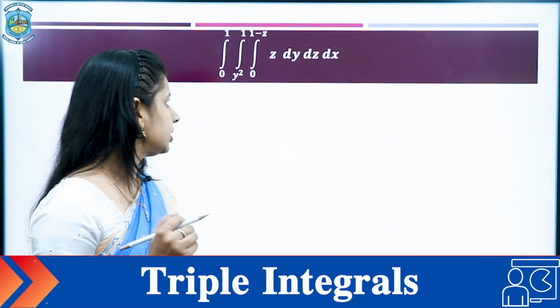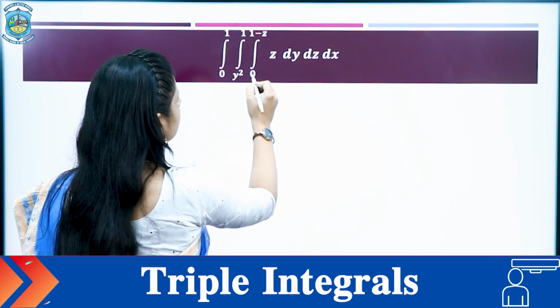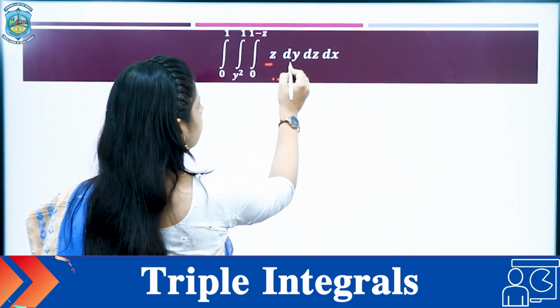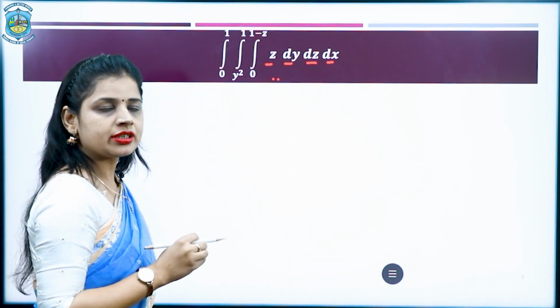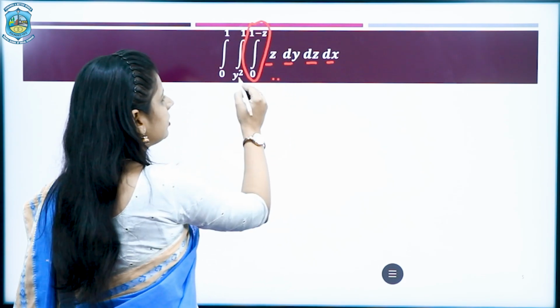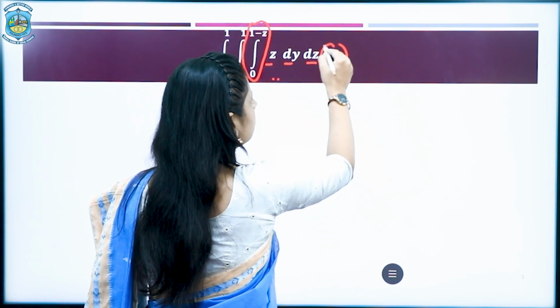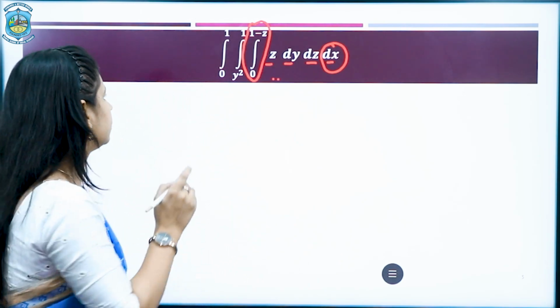Next, we will solve this integral for the limit 0 to 1, y square to 1, 0 to 1 minus z, to this function z with respect to y, z, x. The limits are variable. First, we will integrate for this limit 0 to 1 minus z with respect to x as per the given order of integration.